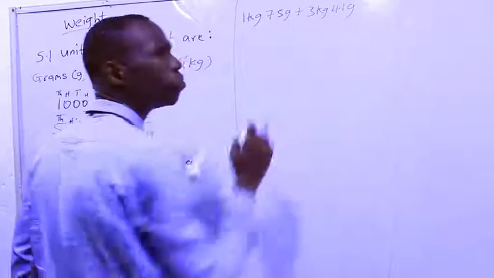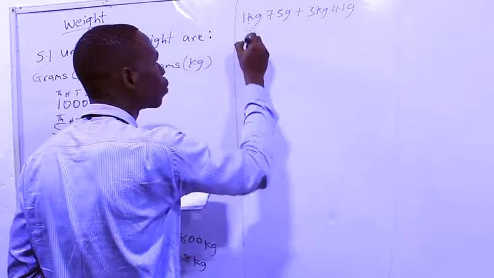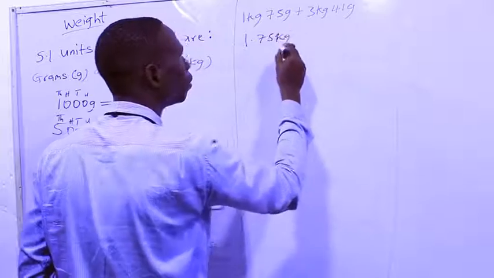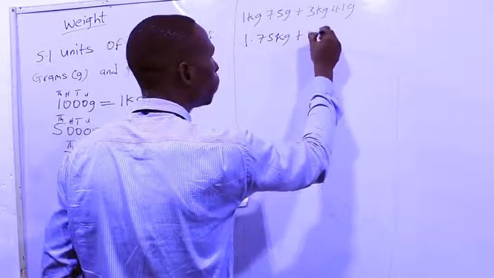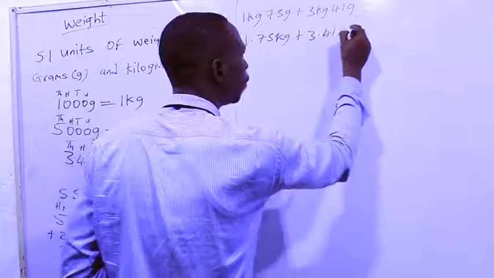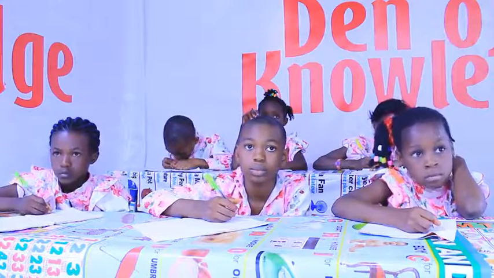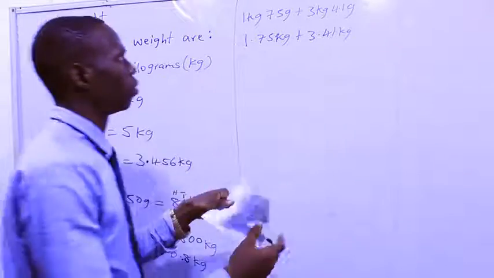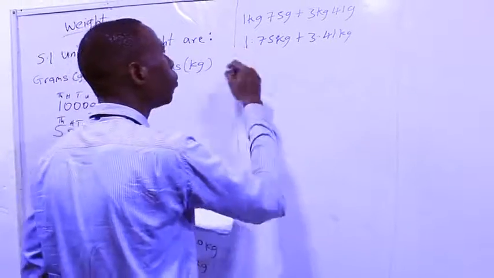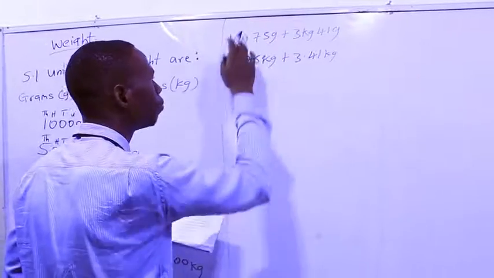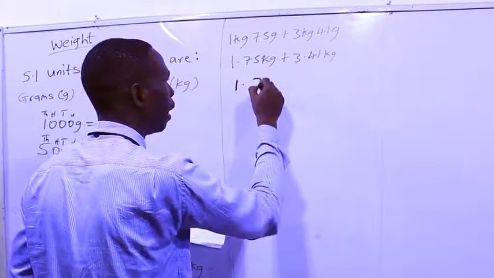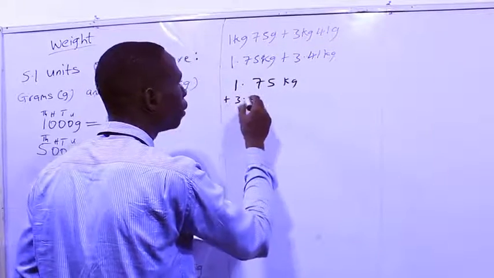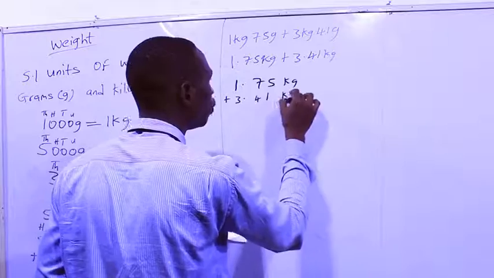This form can be written like this: 1.75 kilogram plus 3.41 kilogram. Remember, it can be written like this. In addition, I'll put them in vertical format. I have this kg plus 3.41 kg.